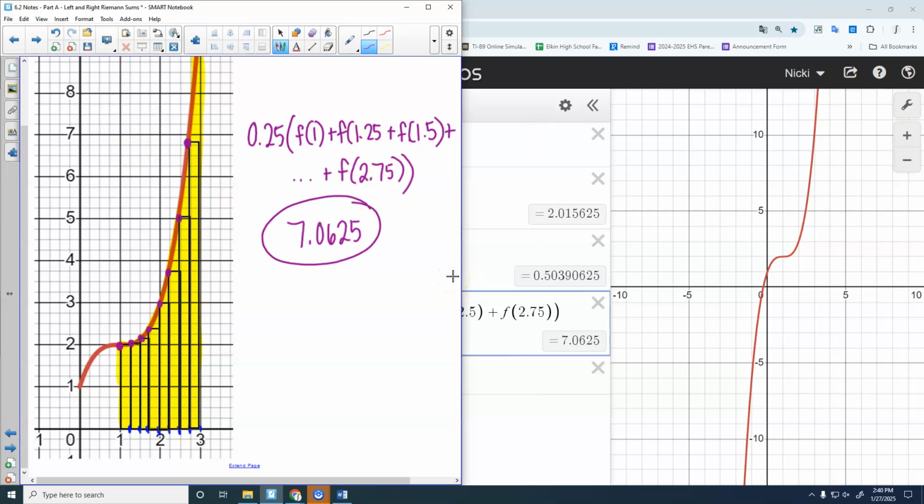I just have a question about the format. Can you just do f of 1 plus dot, dot, dot, or do you need to do more? It's a good idea. You definitely have to have at least that 1.25, because if you just go f of 1 plus dot, dot, dot, f of 2.75, I don't know how many increments you're using there. I don't know what you're going up by. So you definitely have to have the 0.25.